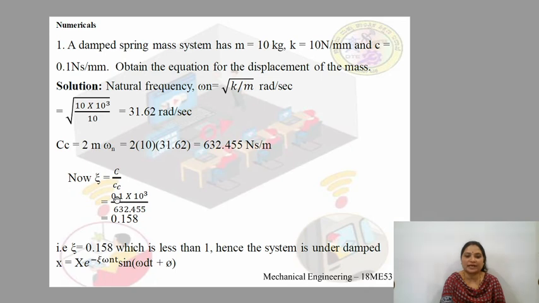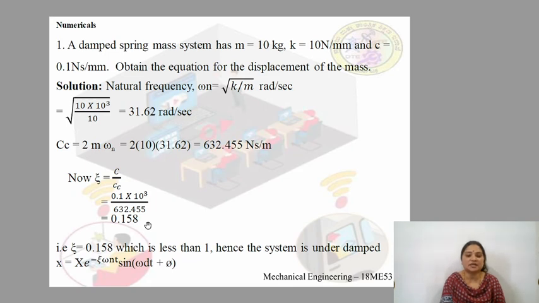So therefore we can write it as 0.1 into 10 to the power of 3 divided by the critical damping coefficient, 632.455, which is nothing but 0.158. The obtained value of zeta is 0.158 and it is less than 1.